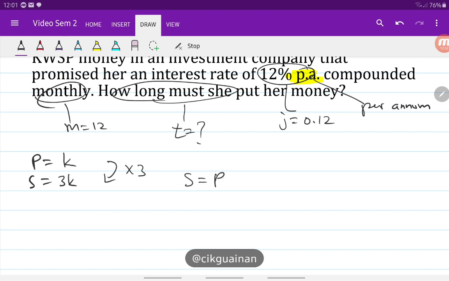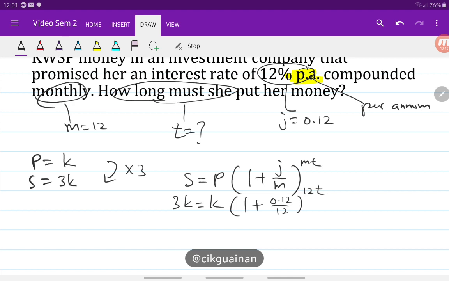S equals P times 1 plus j over m, to the power of mt. So 3K equals K times 1 plus 0.12 over 12, to the power of 12t. Now this K can cancel, leaving us with 3. And 0.12 divided by 12 plus 1 gives 1.01 to the power of 12t.